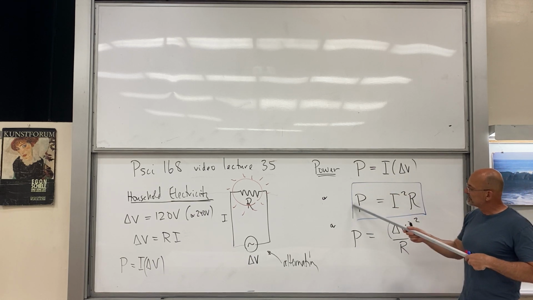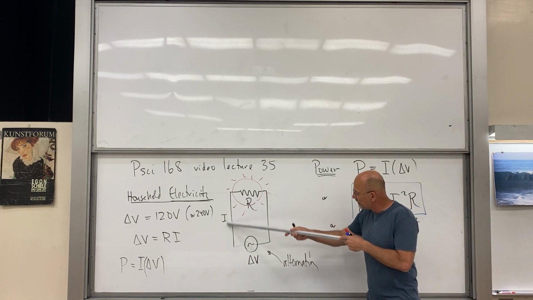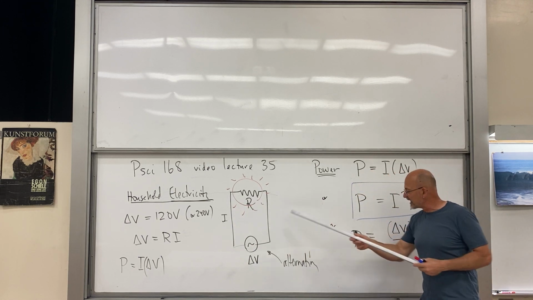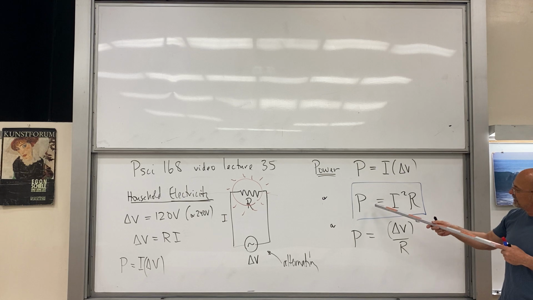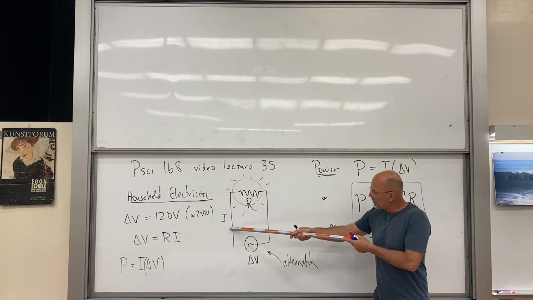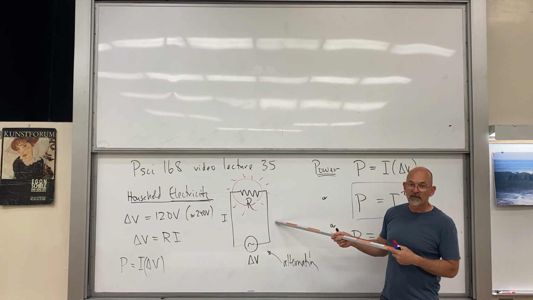But in fact, the wires have some resistance. And then you would add up the power that's being dissipated. You'd say, well, it's power in the wires plus the device plus the other wire.